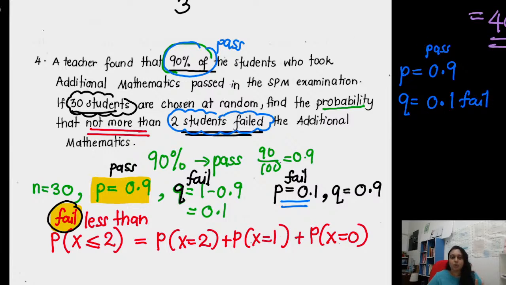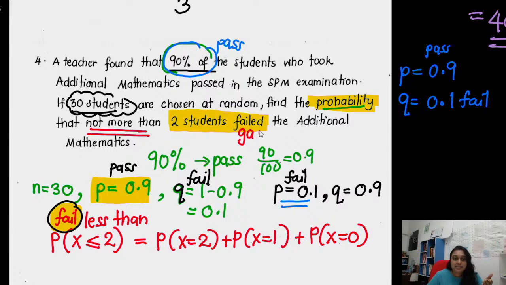Okay, but now your question, soalan kita tanya tentang kebarangkalian student yang fail. Our question is asking probability of students who fail, gagal.